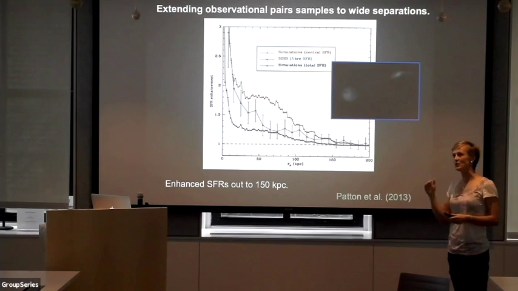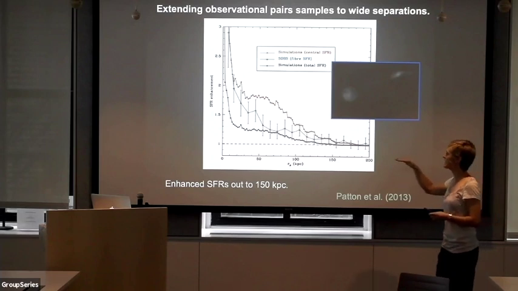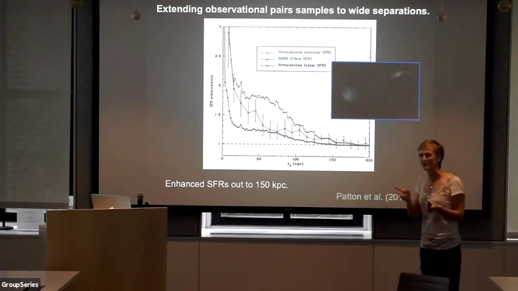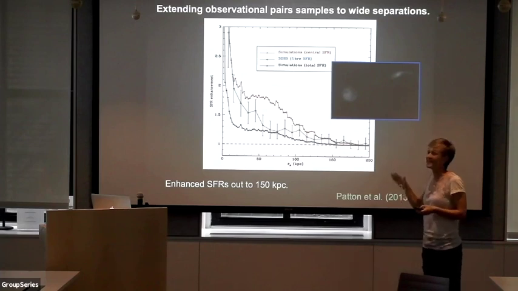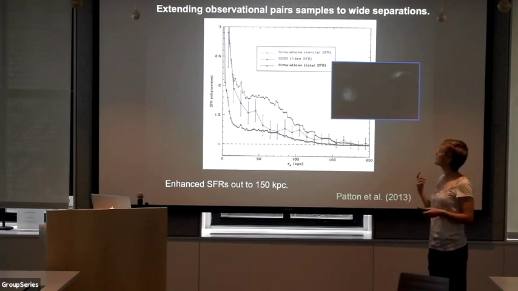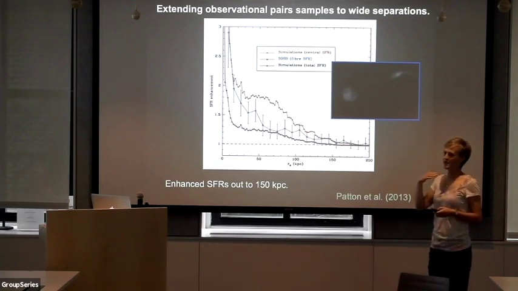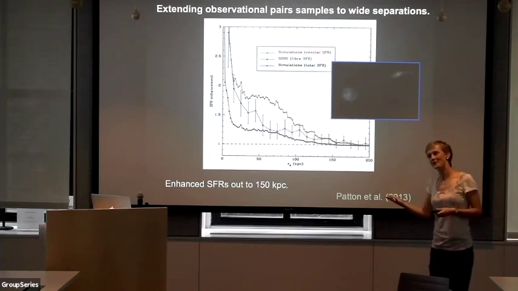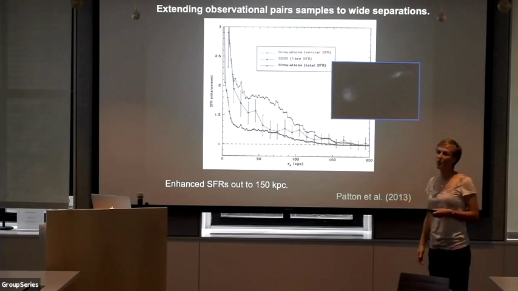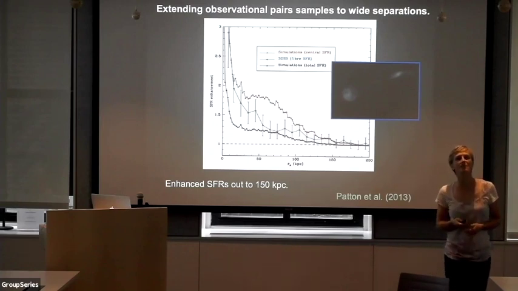Our expectation was that the star formation rate enhancement when we had purified the sample would go up, but actually it didn't really change. I suspect what's going on is that many of the ones that we threw out, because we couldn't see tidal features, do have tidal features, but the Sloan imaging is so poor that we just couldn't.